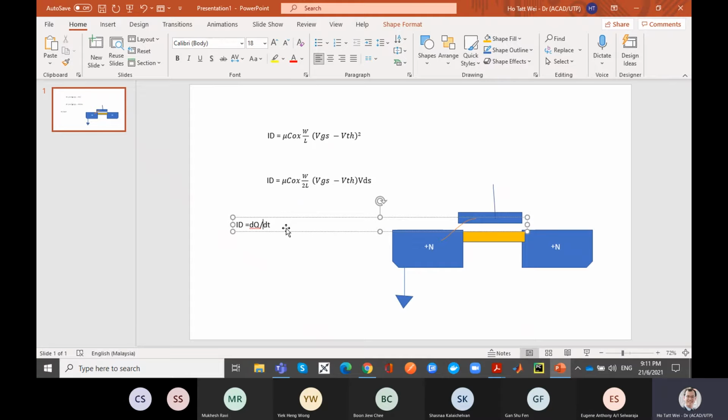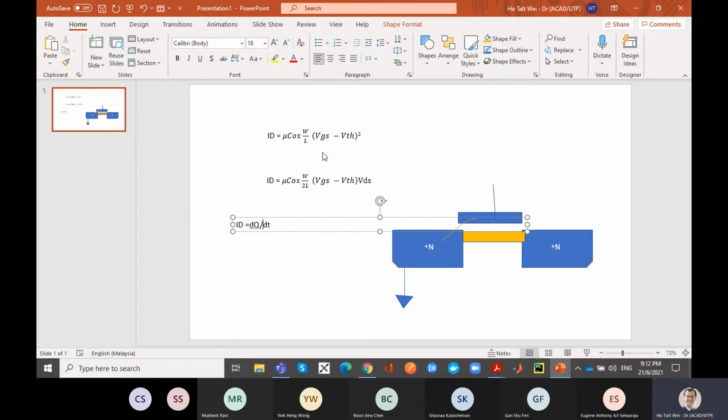There are two ways. If I'm moving 5 coulombs in 1 second, so it's 5 coulombs per second, that's current, that's amperes. If I want to double the current, I can move 10 coulombs per second. That's double the number of charges in the same amount of time.